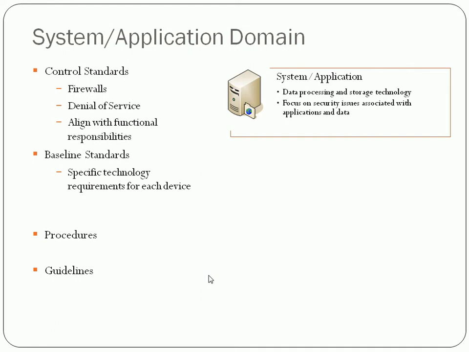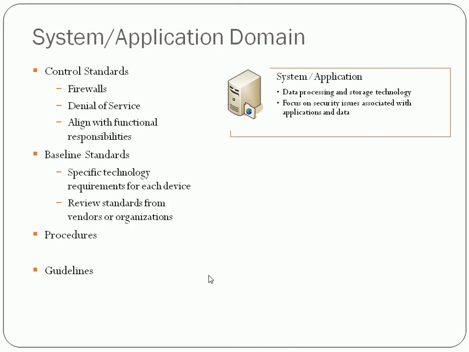So some baseline standards, again, specific technology requirements for each device. So we might talk about a host-based firewall that we require on each Windows-based server, or maybe some basic IP tables configurations on every Linux-based server. Just some basic stuff to try to protect those.